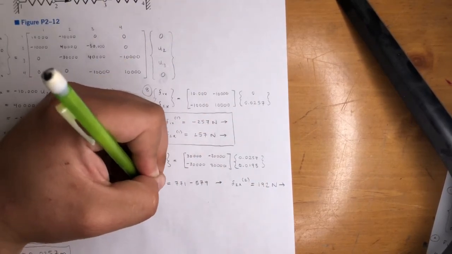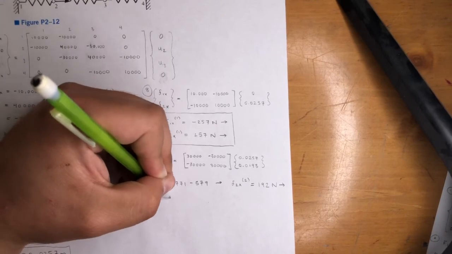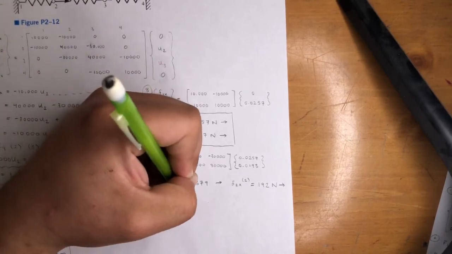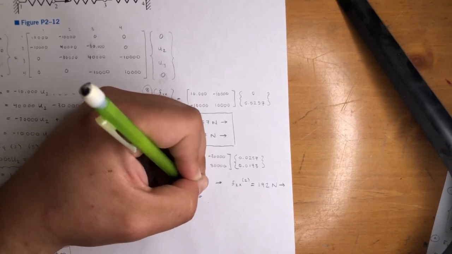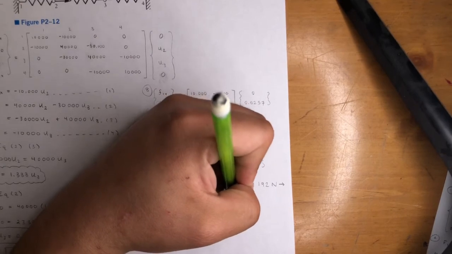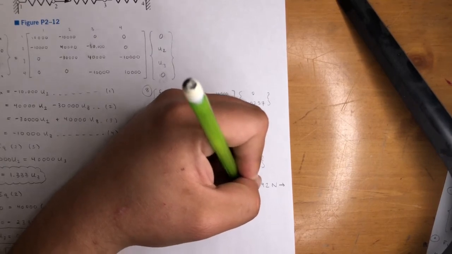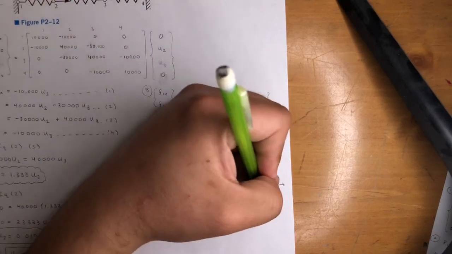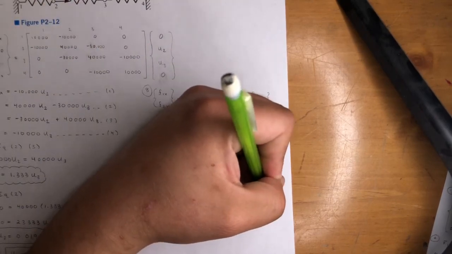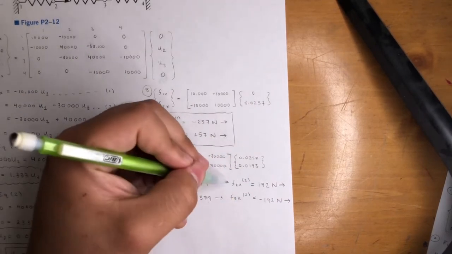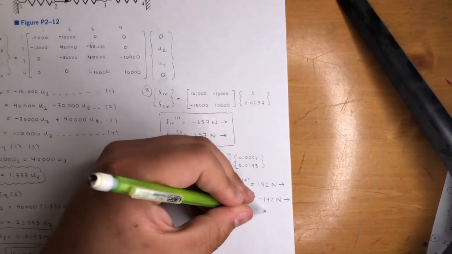Let's do F3 now. F3 of element 2 is the same numbers with the sign switched: negative 771 plus 579. That's F3x of element 2 equal to negative 192 newtons going this way. So that's the answer right there.